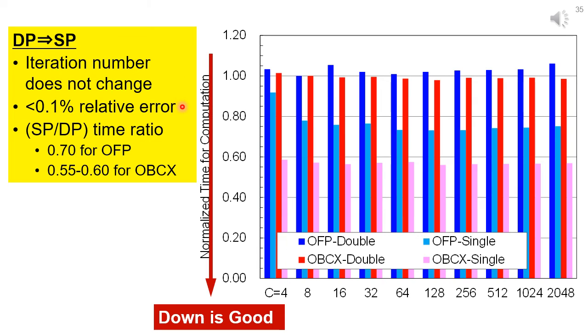Moreover, results by FP64 and those by FP32 agree well, and relative error is less than 0.1%. Generally, FP32 is faster than FP64, and ratio of elapsed computation time, FP32 divided by FP64, is 0.70 for OFP, and between 0.55 and 0.60 for OBCX.